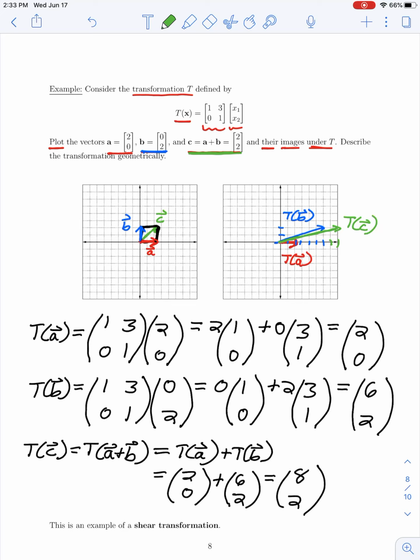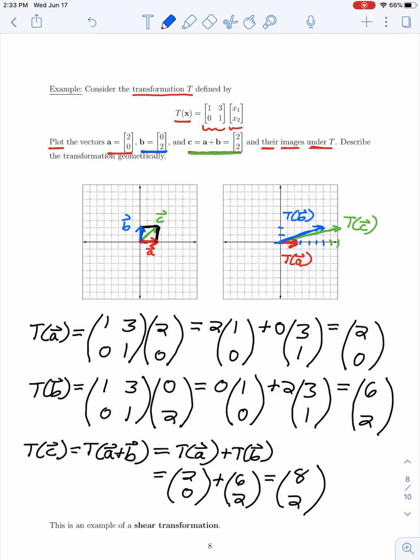And again, since this transformation is linear, each of the vectors A, B, and C are transformed to the following vectors, and we see that T of C is again the sum of T of A and T of B, which were shown here in red and blue.